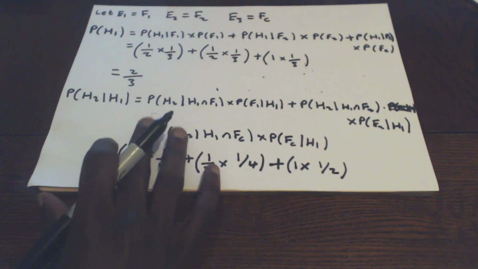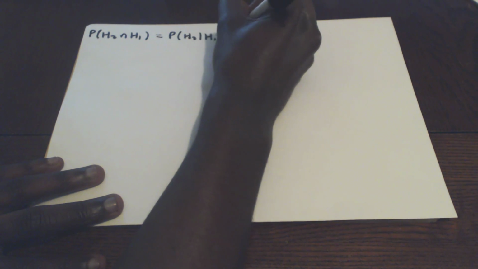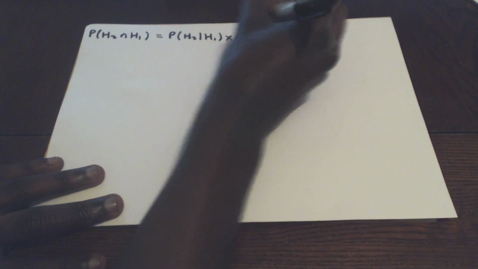So now we can go on to find what we actually wanted to find, which was the probability of the second one being heads and the first one being heads. Well, by definition of conditional probability, if you rearrange it, that's going to be the probability of H2 given H1 times the probability of H1.